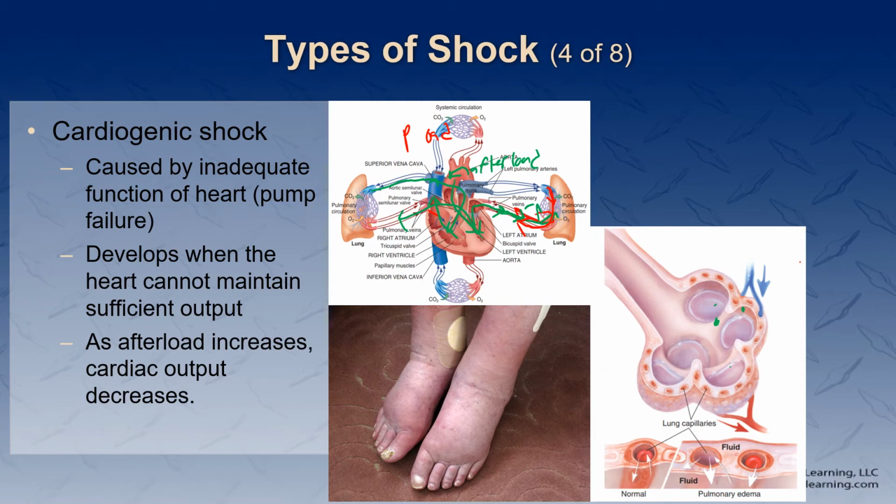And same thing with the lungs, how you end up with high pressure on the venous end of the capillaries. Well, now that happens in the peripheral system instead of in the lungs, and you end up with all of this edema here, or in the jugular veins.